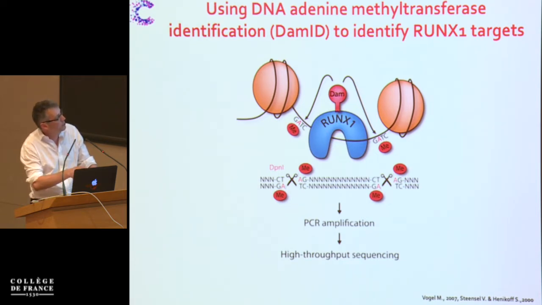And the idea, you fuse your transcription factor with Dam, DNA adenine methylase. When the transcription factor binds, it will methylate GATC sites, this activity does not exist in eukaryotic cells. And what you can do, you just harvest your cells, you digest with DpnI, you amplify, and you sequence to know where your transcription factor is binding.